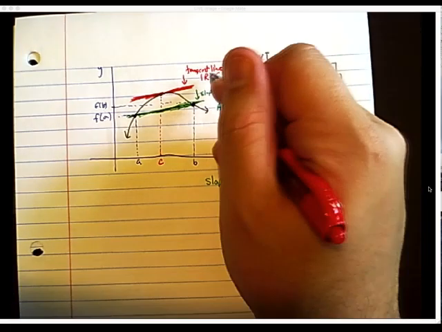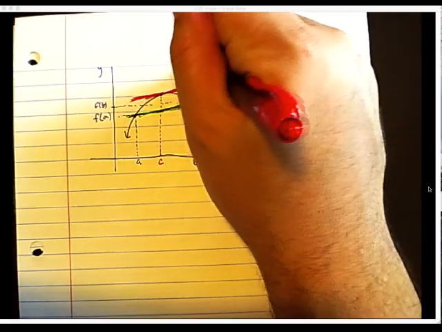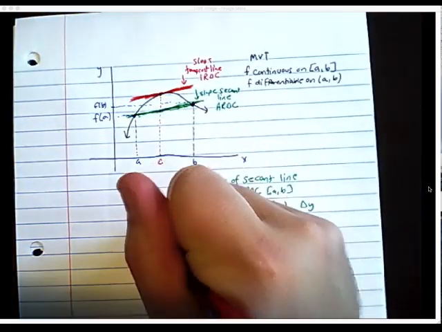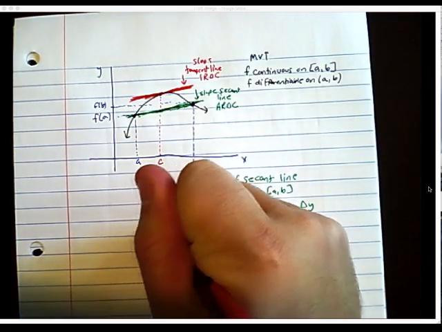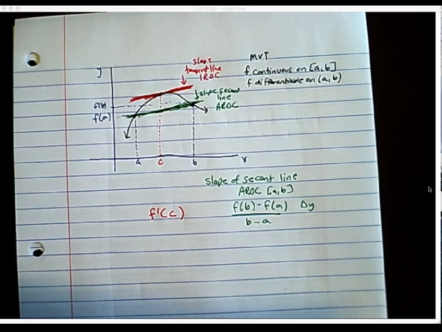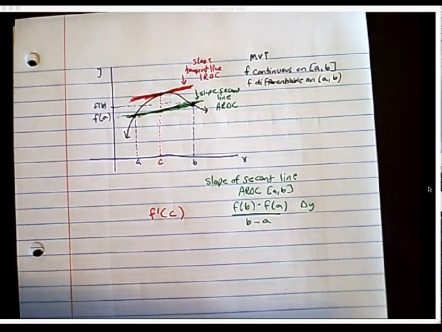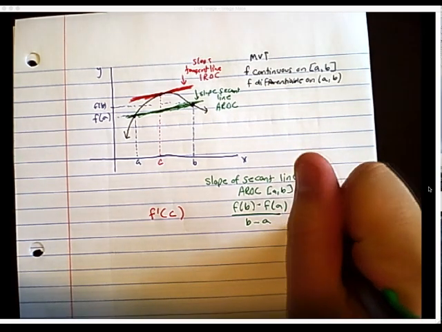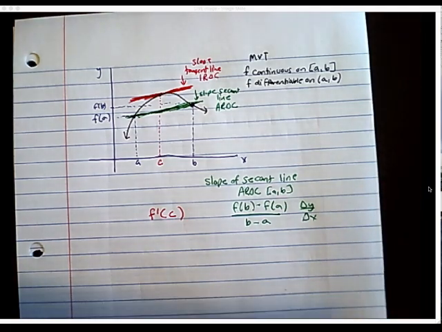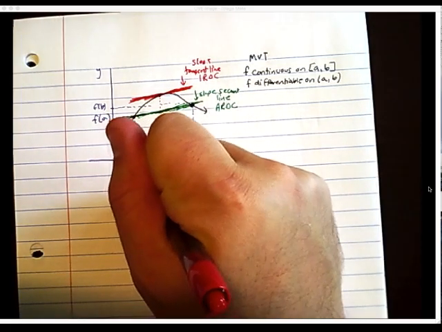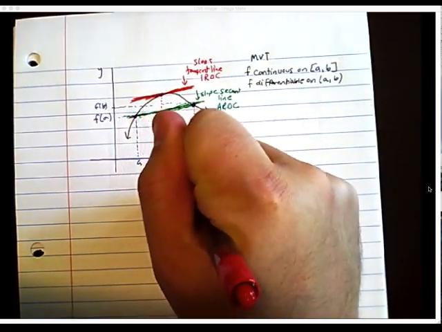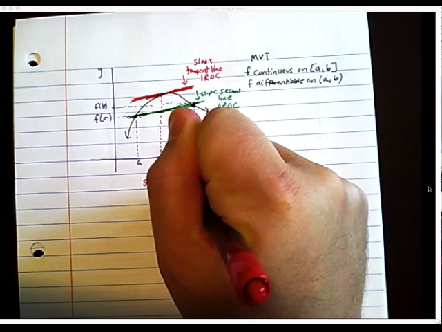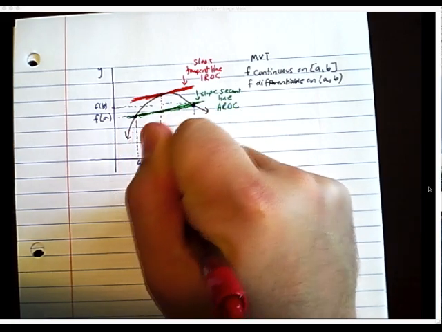Well, what's the slope of this tangent line? That would be the derivative at the point C. So that's the slope of the tangent line, which is known as the instantaneous rate of change.